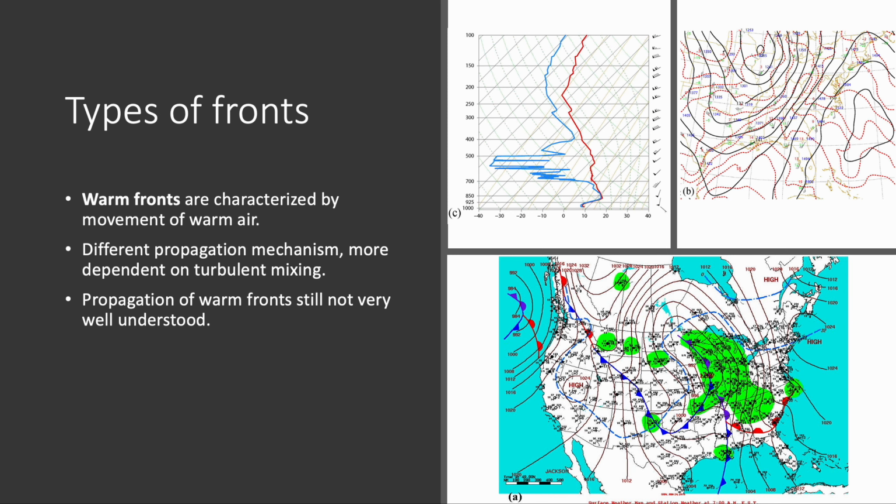We also have warm fronts, of course. If we have cold fronts, we must have warm fronts. Otherwise, why make the distinction? These are different, and they typically live aloft. The warm air is lighter than cold air, and so it lives aloft. And they essentially work by mixing.